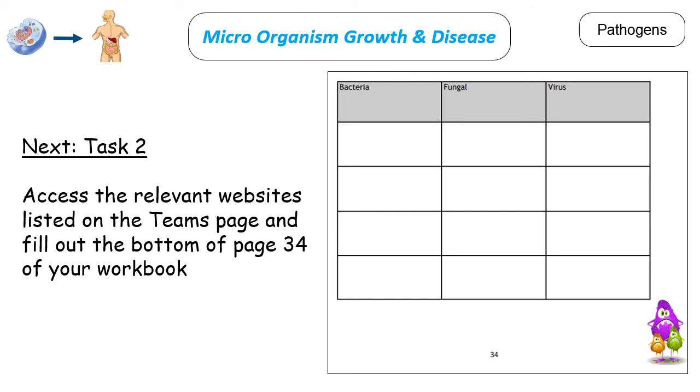As you can see from the Teams page, give 4 examples of each type of microbe, and also give 1 fact about each example. These should be easy enough to find on the web pages that are listed on the Teams page.